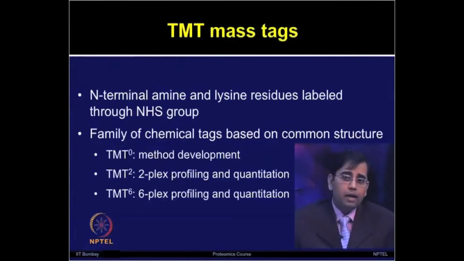The N-terminal amine and lysine residues are labeled through the NHS group. There is a family of chemical tags which are based on common structures. The series of TMT tags available are TMT 0, TMT 2-plex, TMT 6-plex.